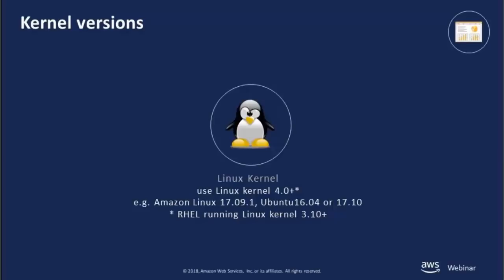So we see that the top instance is running 3.14. The bottom instance is running 4.14. Now, if we take a look at the mount command that I'm using, we see that both instances are mounting the file system using NFS 4.1.